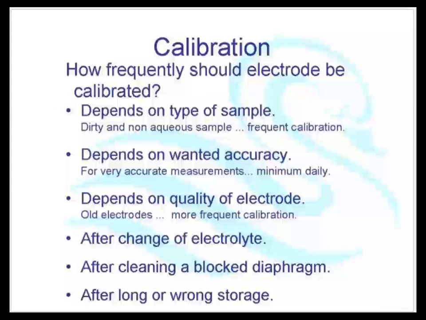Basically, how frequently should it be calibrated? It depends. It depends on how accurate you want the results. If you want a truly accurate pH reading, you need to do a calibration and take the reading there and then. Within half an hour, you can't honestly trust the pH sensor. The older the probe is, the more often you're going to need to calibrate, because the older the probe is, the quicker it goes out of calibration.